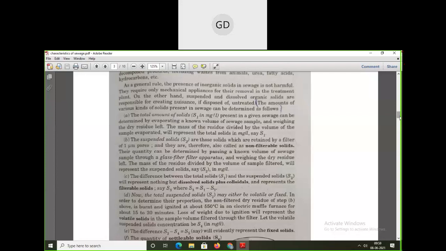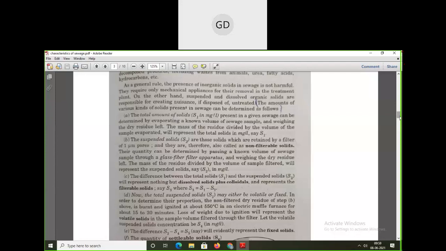The mass of this residue, divided by the volume of the sample you evaporated, gives you the total solids in milligram per liter.